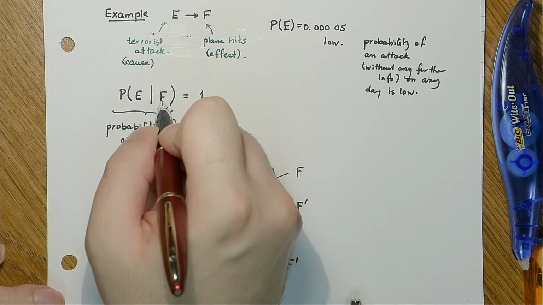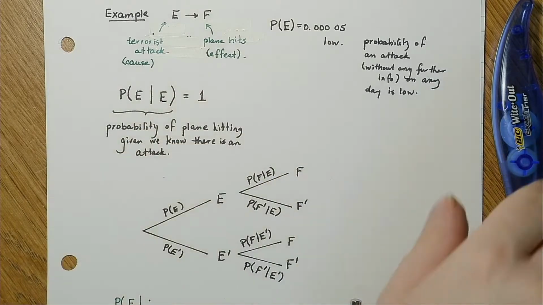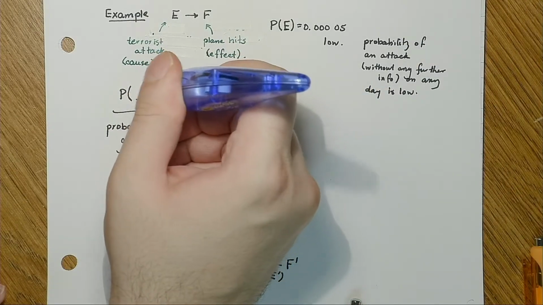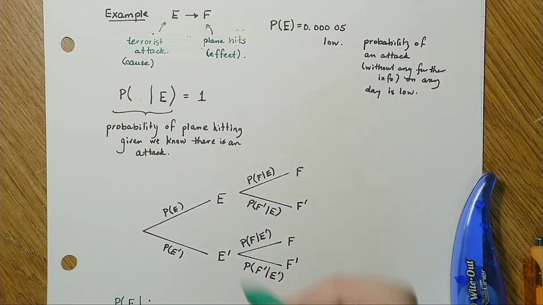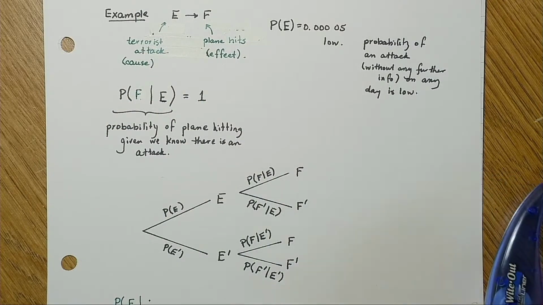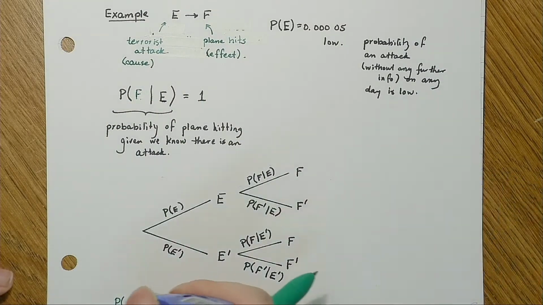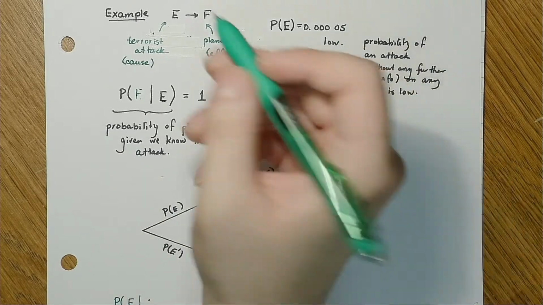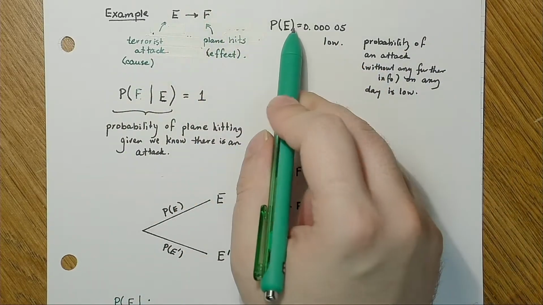So again, we'll switch this. We'll say that this is E, and over here is F.